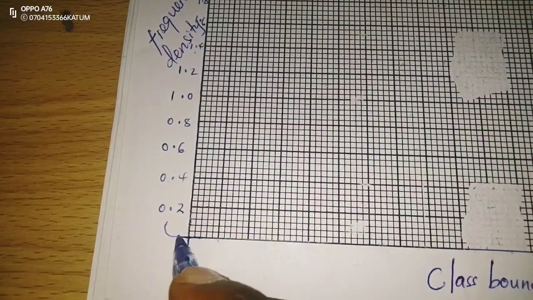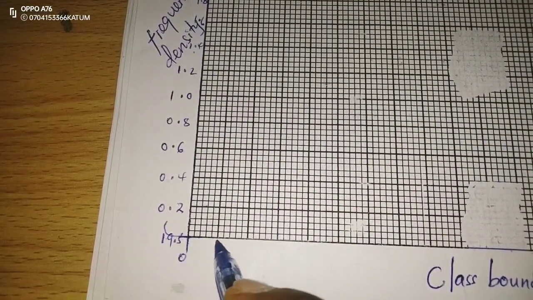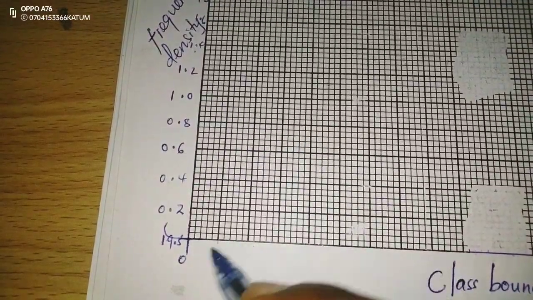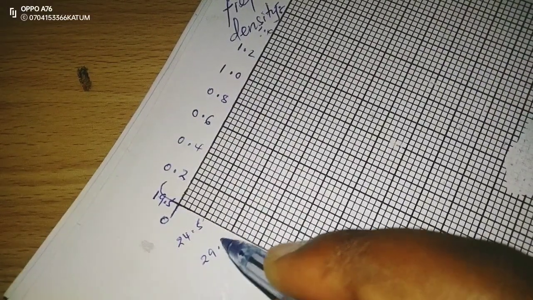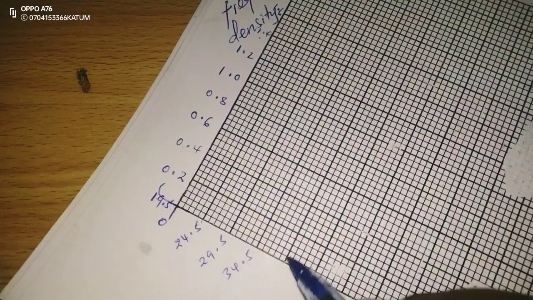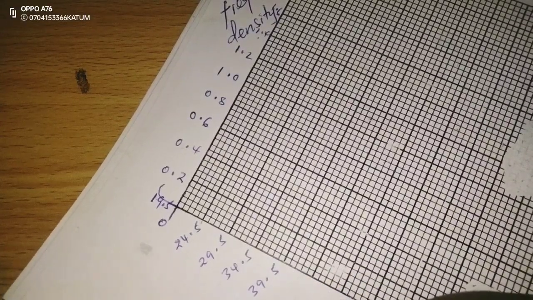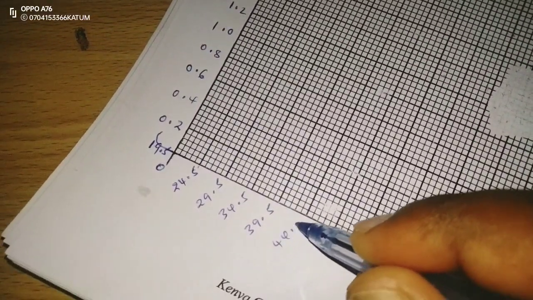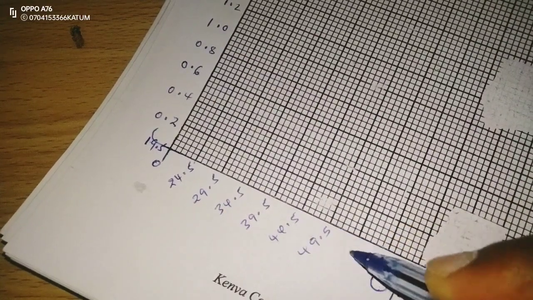So 19.5 can be our first interval. Then when we add 5, we go to 24.5. We add 5 to 29.5, 34.5, 39.5, then 44.5, 49.5.